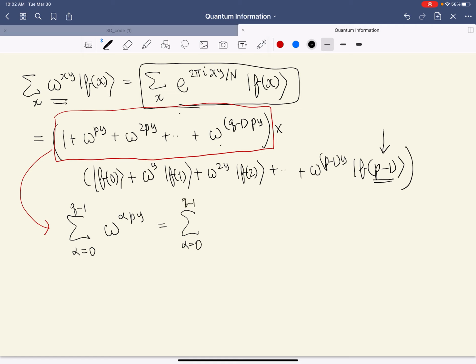More explicitly, since omega is 2 pi i over n, I'm going to put everything here. But remember that n was really p times q, and since we have a p in the denominator and p in the numerator, they fortunately cancel out. So hopefully things will start to look nicer.